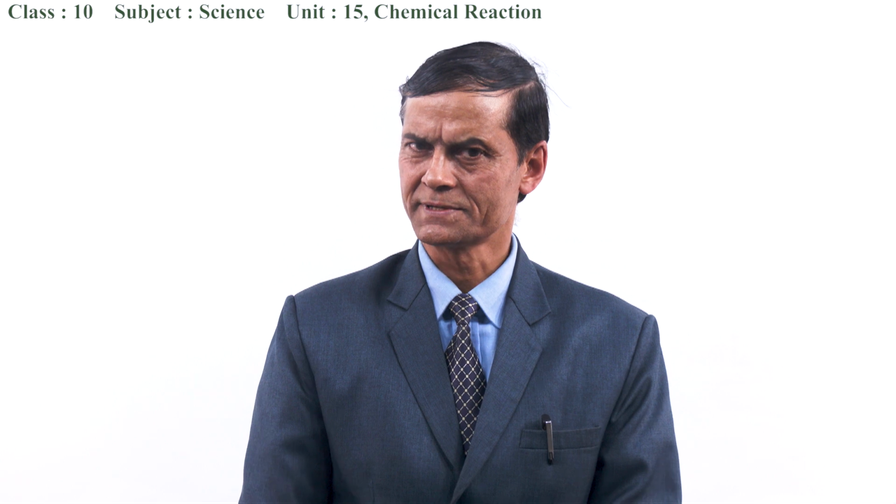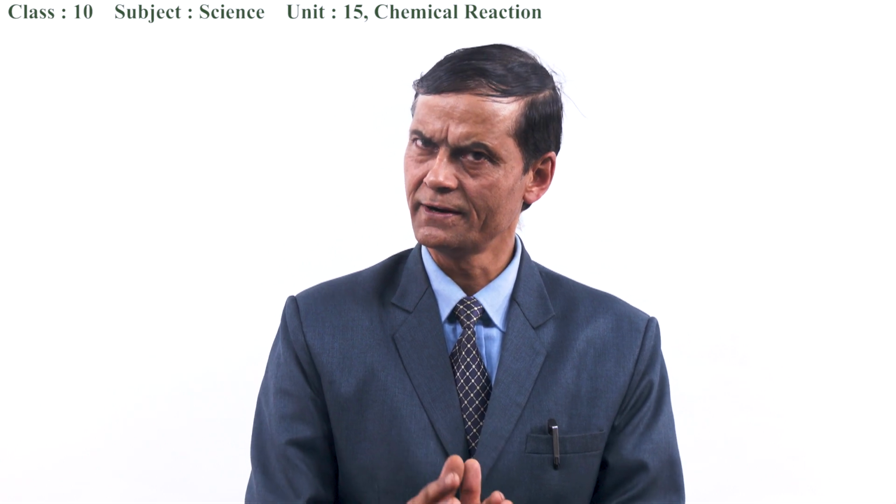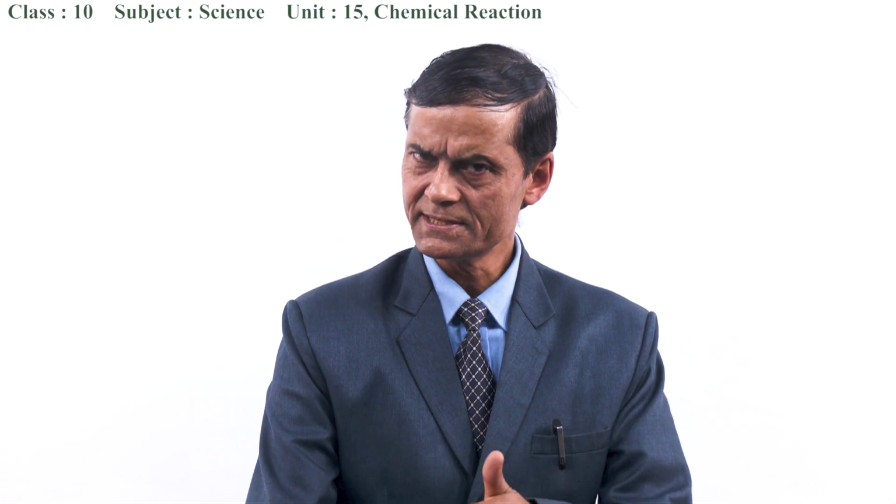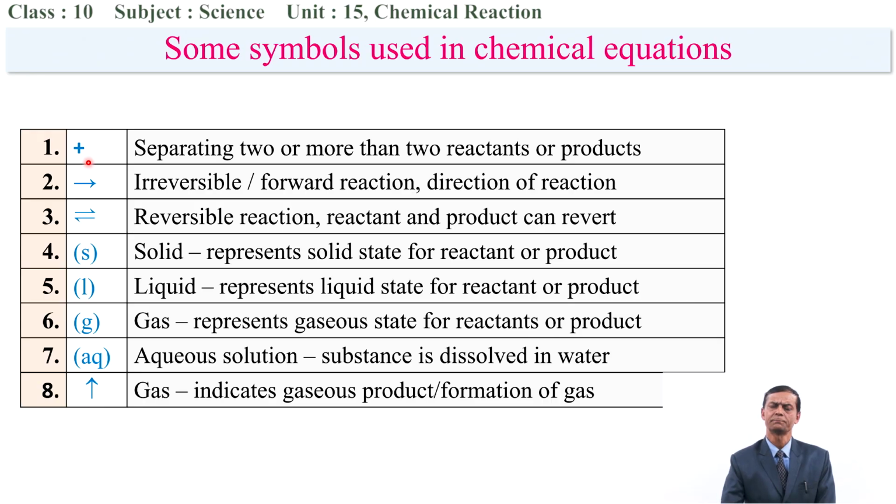Dear students, let's discuss some of the symbols used in the chemical equations, because how to write chemical equation we learn about it, but some of the symbols are there which we need to mention to represent their physical condition and other states. Look at here. The first symbol is this plus. What is called this?